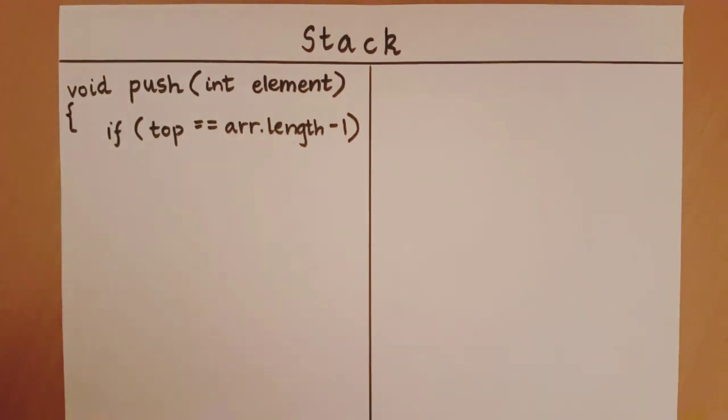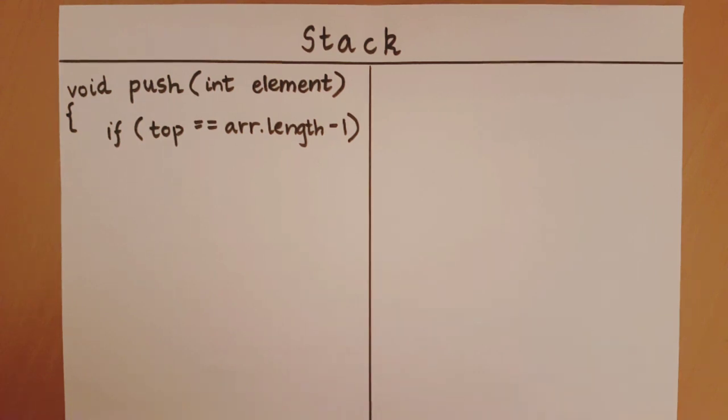When we say that the top has reached the end of the array, we say that the top is equal to the last index of the array. The last index of the array can be represented by arr.length minus 1.